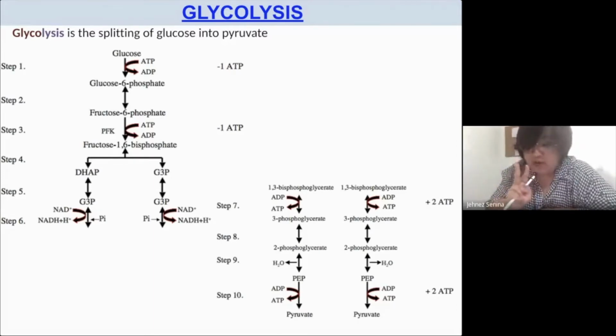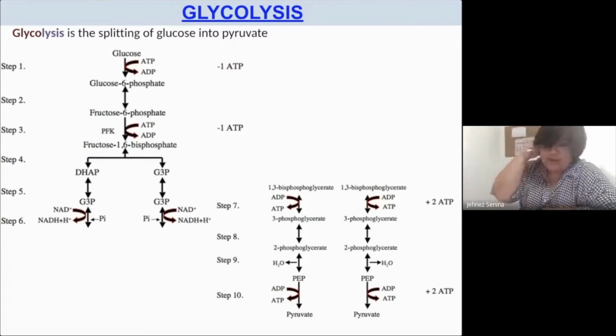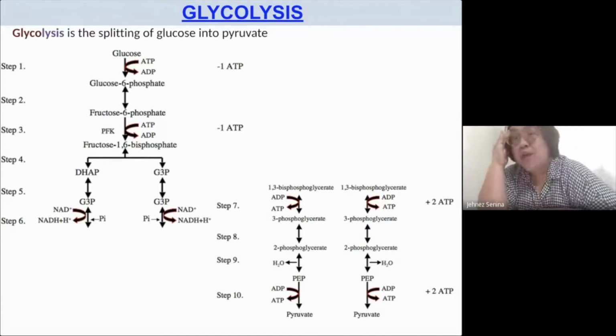That's why, if our pathway proceeds to anaerobic cell respiration, we still have that 2 ATP from glycolysis. That's not a lot, right?